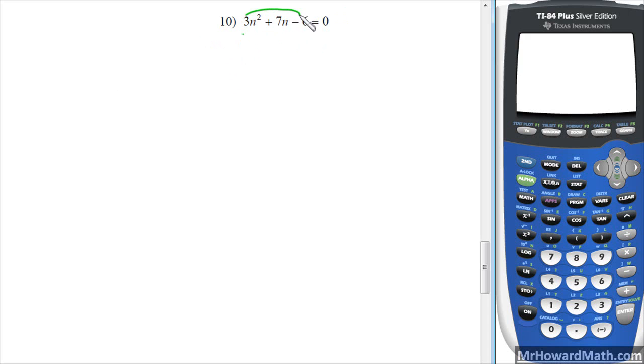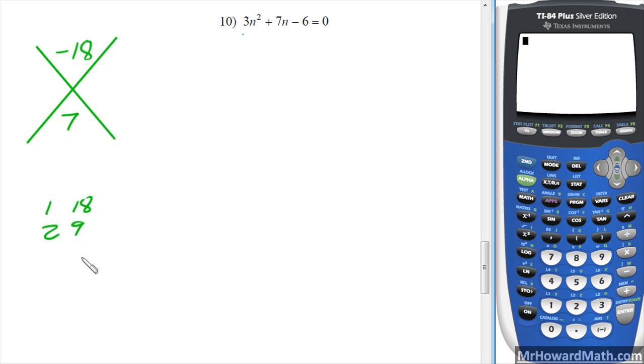So we multiply first times last, and that would be a negative 18. So we want to multiply to a negative 18, and we want to add to the middle number 7. So factors of 18: 1 and 18, 2 and 9, 3 and 6, and those are our only options.